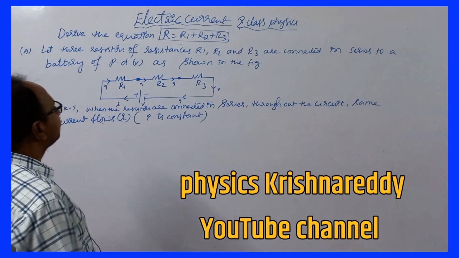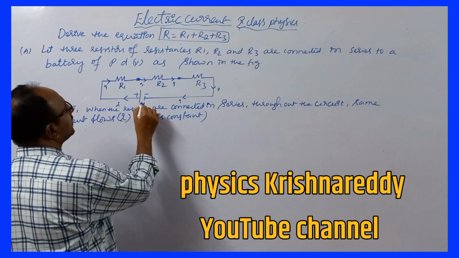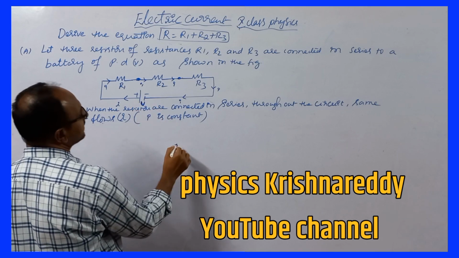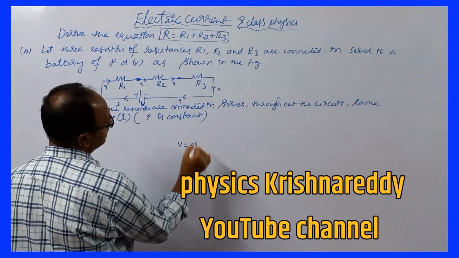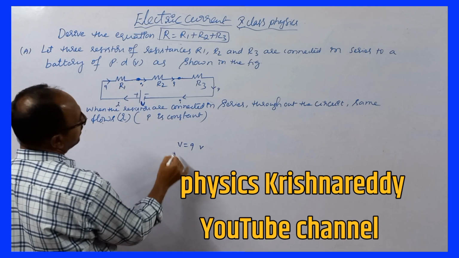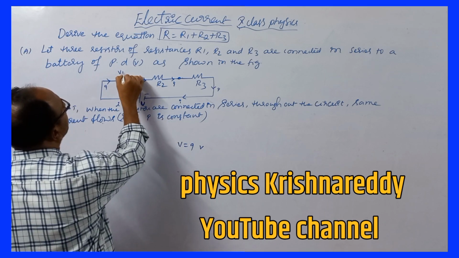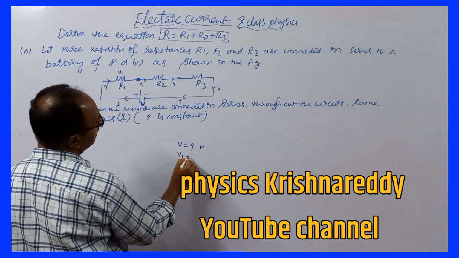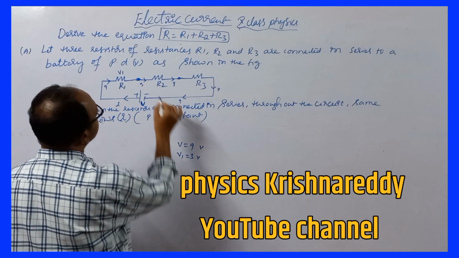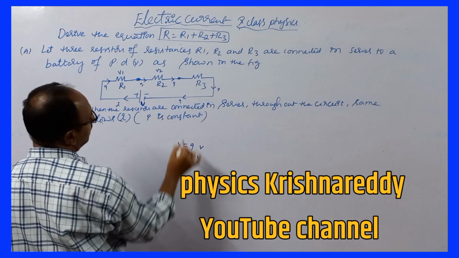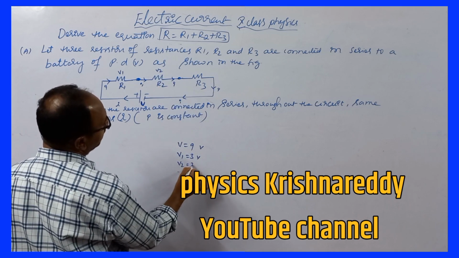For example, the potential difference of the battery in the circuit, V, is 9 volts. The potential difference across R1, as V1, when you measure using a voltmeter, shows 3 volts. If you measure the potential difference across R2, V2, it also shows 3 volts.